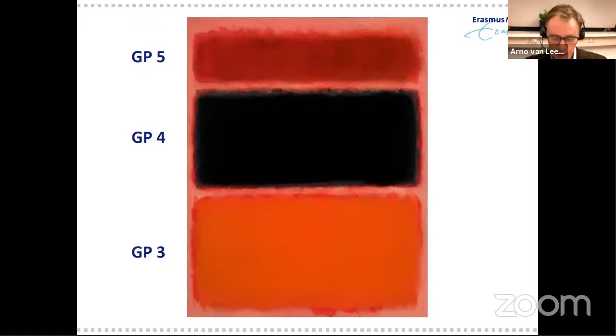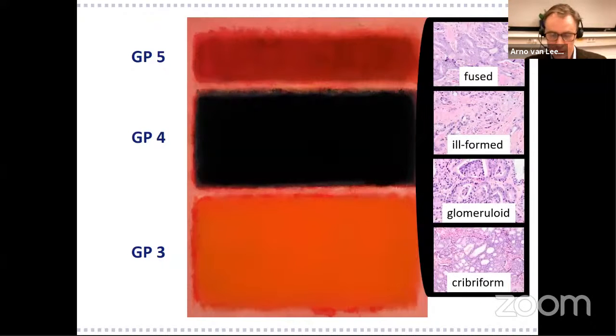Another way of looking at Gleason scores is this nice painting by Mark Rothko. As we all know, black is not a real color, but a mixture of all different kinds of colors. Similarly, Gleason pattern 4 is not one growth pattern, but a mixture of growth patterns that all have in common that tumor cells show luminal differentiation but are not able anymore to form well-delineated round to oval glands.